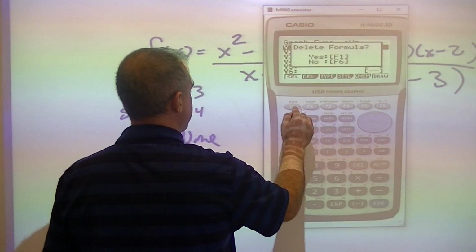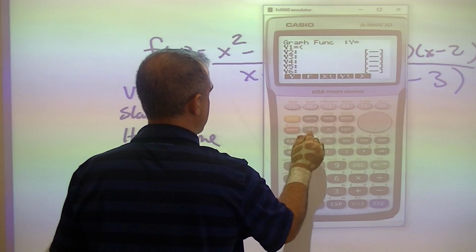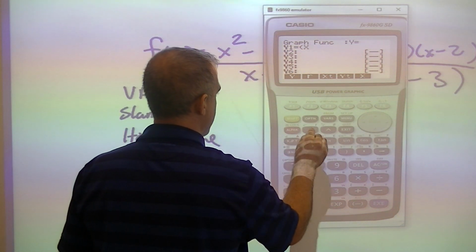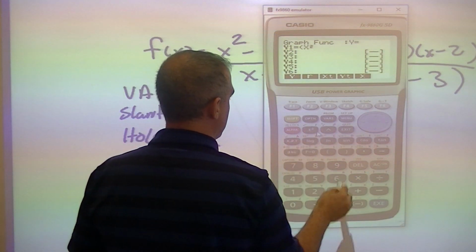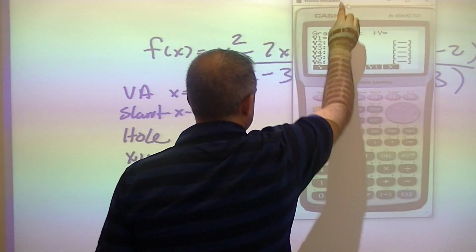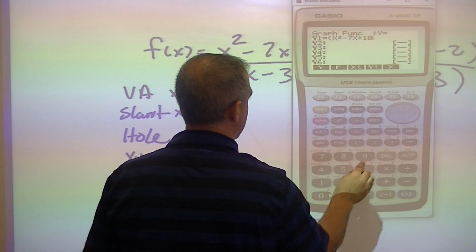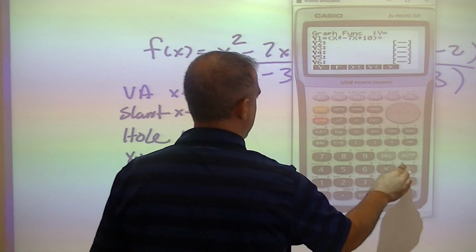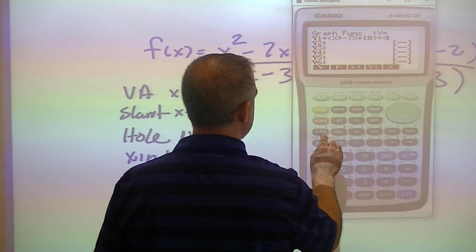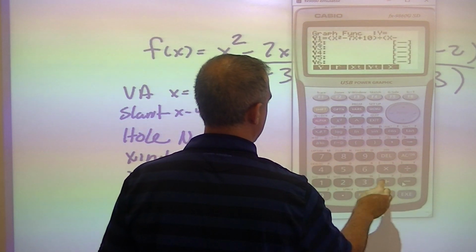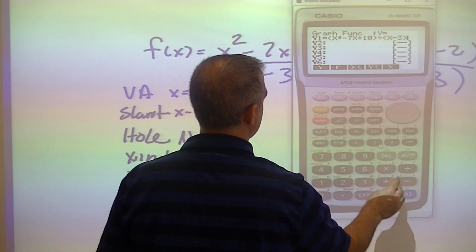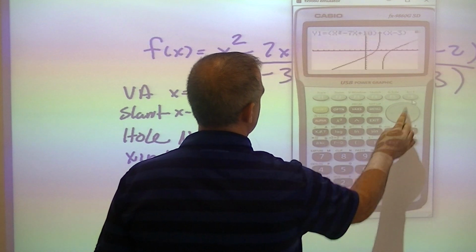So I'm going to graph it, parentheses around the top, x squared minus 7x plus 10 divided by x minus 3. Here's what it looks like.